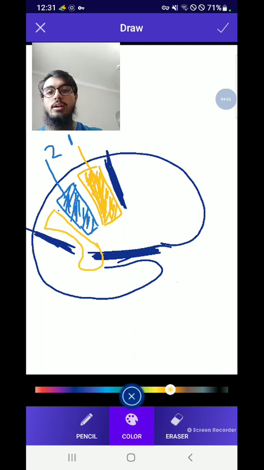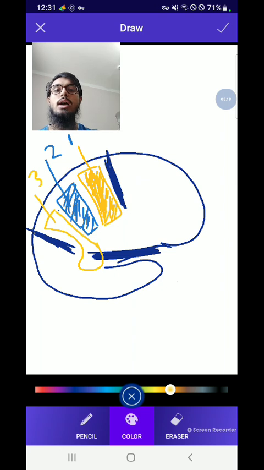This is the third area, which is present anterior to the parieto-occipital sulcus. What is the name of this area? A very important name: this is the posterior association area. These are the parts of the functional anatomy of the parietal lobe.